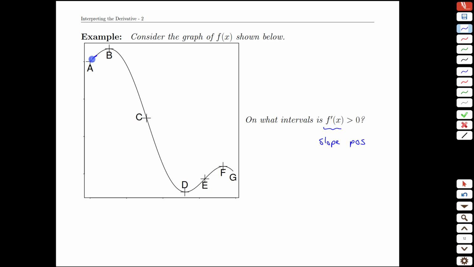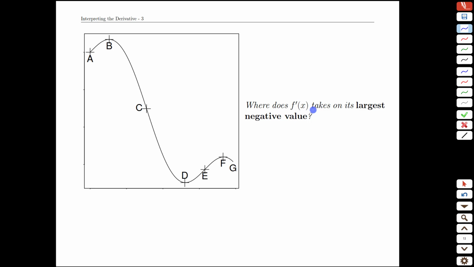So we just look for all the points where the slope is positive. It's definitely not positive on this interval here, but from D all the way up to F, we're going to have positive slopes. So between A and B, and from D to F. On the other intervals, the function is decreasing or the slopes are negative.